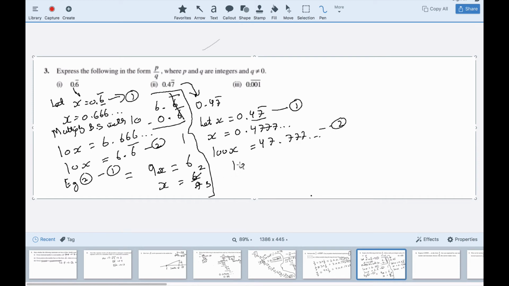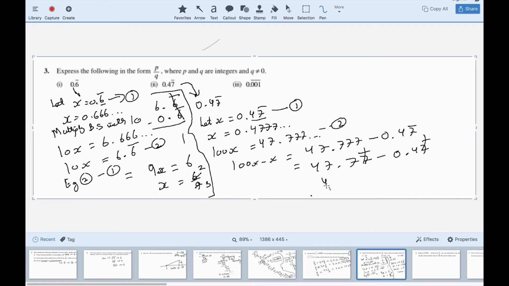I will get 100x minus x is equal to 47.777 bar minus 0.47 bar. I can write it in this form, 47.7 bar minus 0.47 bar. This and this will get cancelled.